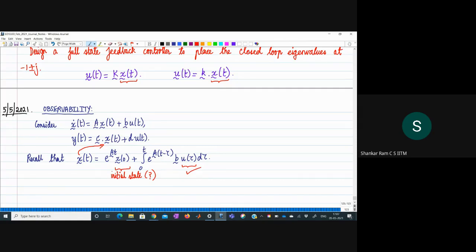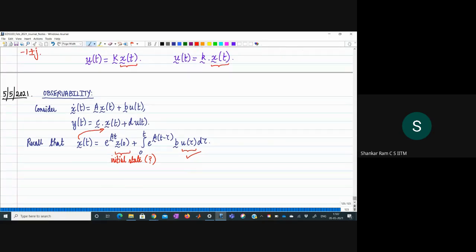So the point here is that if we have knowledge of the initial state, we pretty much have knowledge of what is happening to the system state and output at each and every instant of time. That is a very important aspect that we need to infer from this equation.